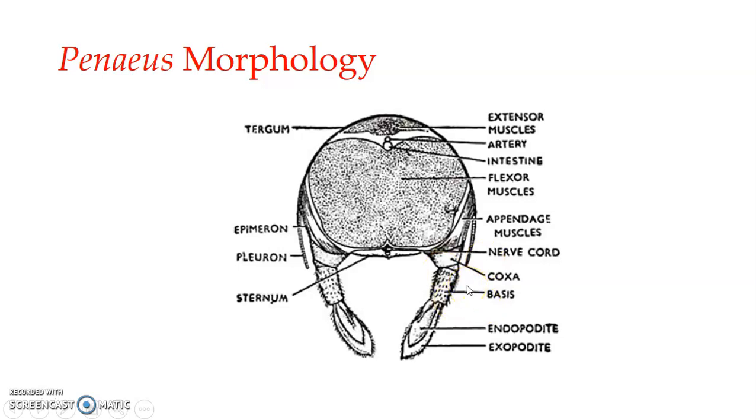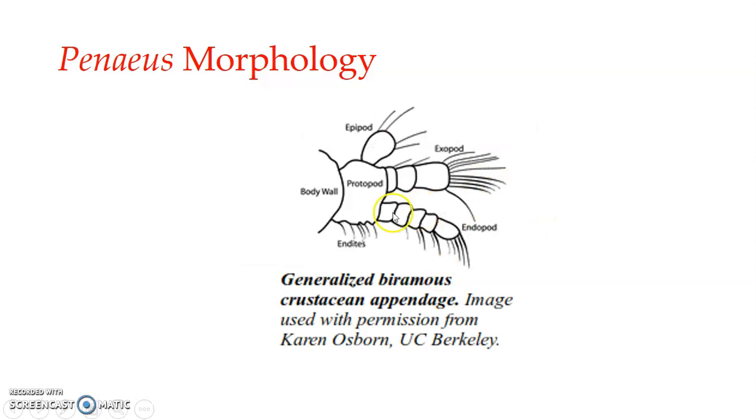Here, the appendage typically can be divided into protopodite, endopodite, and exopodite, or we can say protopodite and the two rami. Fine. So a Biramous appendage, in the case of Penaeus, can be divided into a protopodite and two rami.